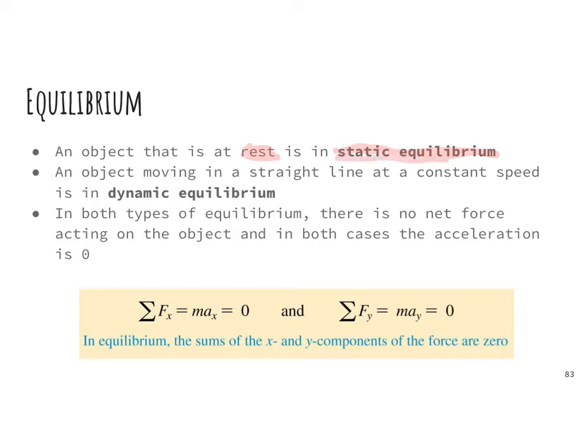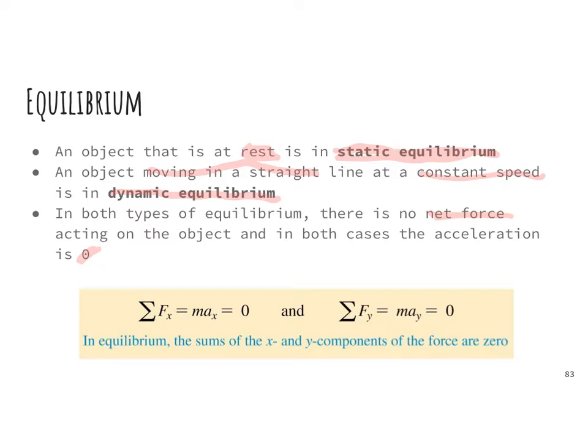So the forces are balanced out, but it's stationary. But we can also have an object moving in a straight line at a constant speed, and that'll be dynamic equilibrium. In both of these cases, there is no net force acting on an object, and the acceleration is zero, but that doesn't mean there are no forces acting on the object.